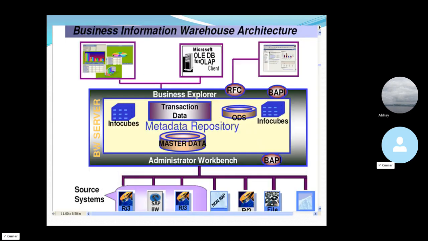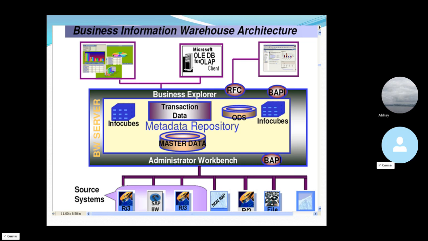Now you can see this is a very basic architecture of your BW. As we know, BW is ETL plus reporting, and this diagram represents your ETL plus reporting. You can see the source systems. There are various source systems, either ABAP system, BW, R3, ECC or S4 HANA, or non-SAP systems, extracting source system data using BAPI or RFC to your BW server.